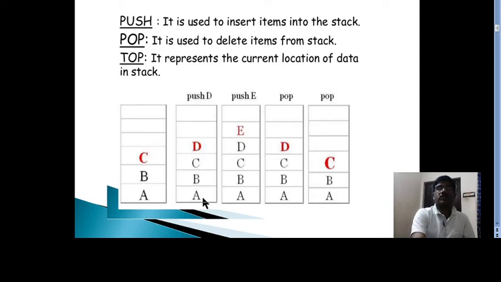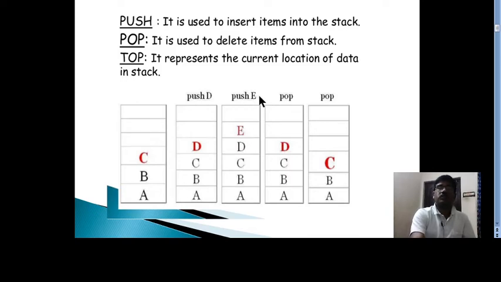Now the positions, if you observe: A is in the 0th position, B is in the first position, C is in the second position, D is in the third position. If you want to insert one more element, say E, that is placed at the fourth position, meaning the top of the stack is now at the fourth position.